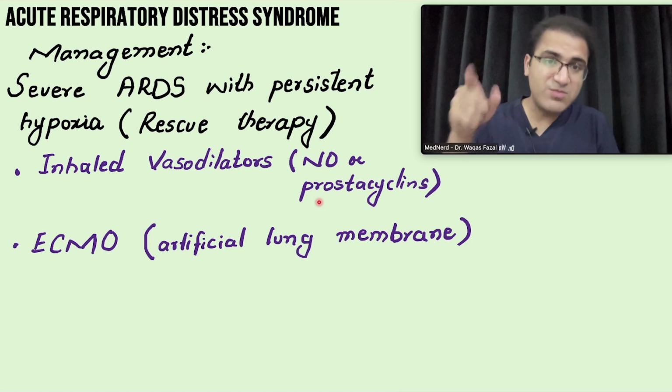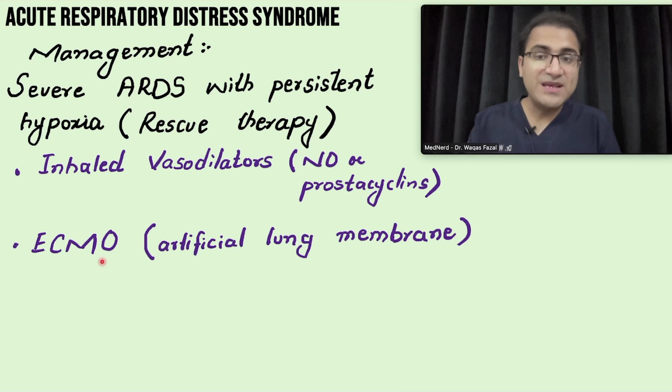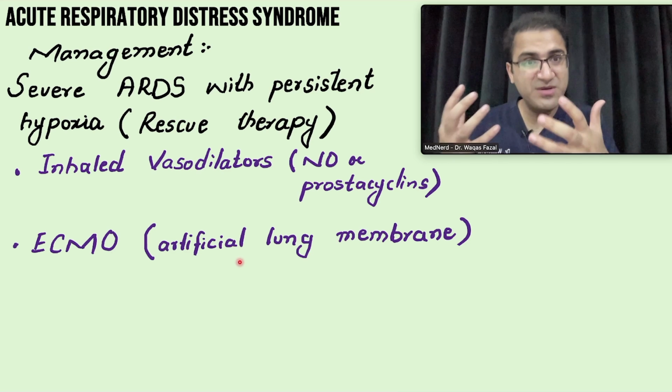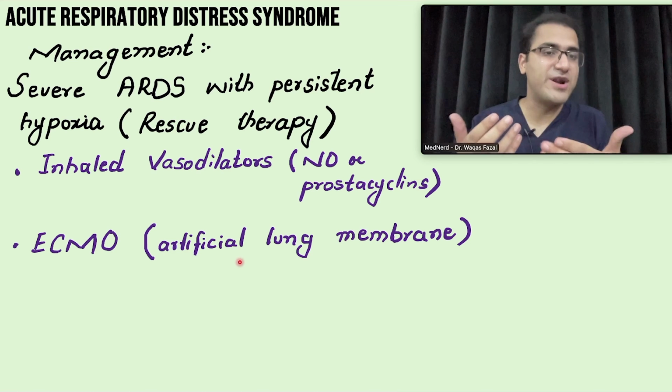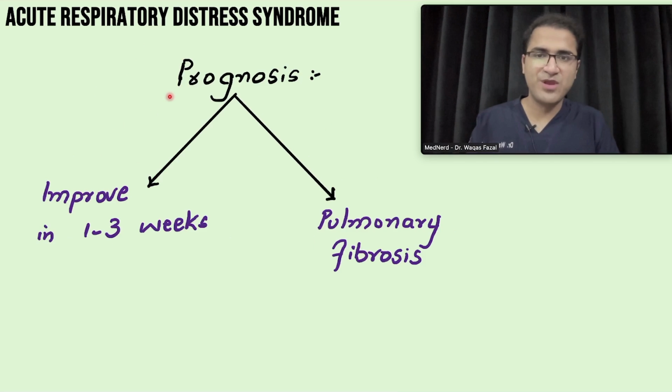You give nitric oxide, prostacycline, so that there is more blood supply to the lungs, so that some oxygenation can take place. ECMO is the last stop, and it is basically an artificial lung membrane, and just like an artificial heart, it's an artificial lung membrane that can oxygenate the blood and provide it to the body. So that is a rescue therapy that is done in patients with severe acute respiratory distress syndrome.